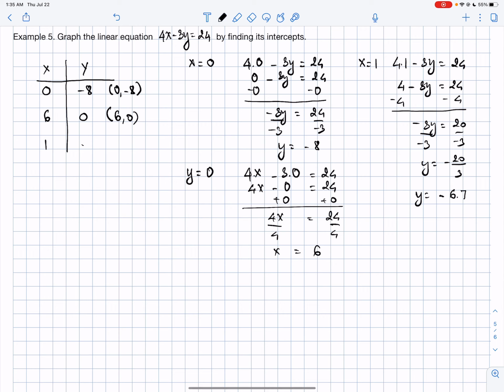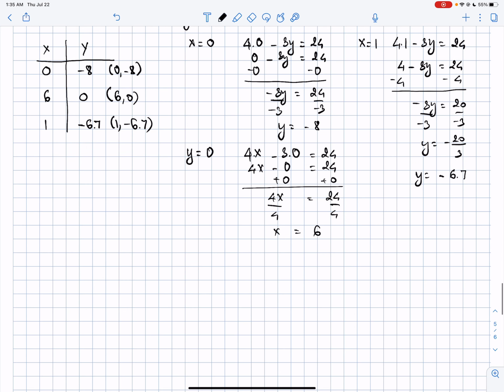Now we have 1, -6.7. We first plug in the x and the y intercepts. So for the first point, we have negative 8 on y, and we have nothing for the x.